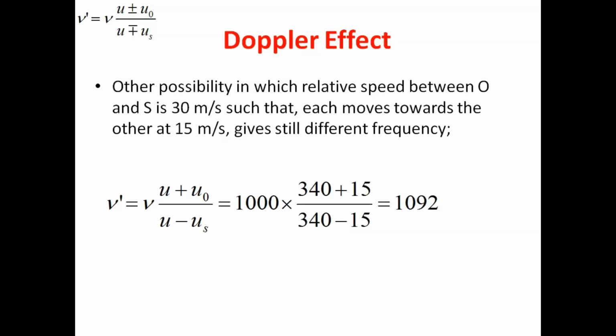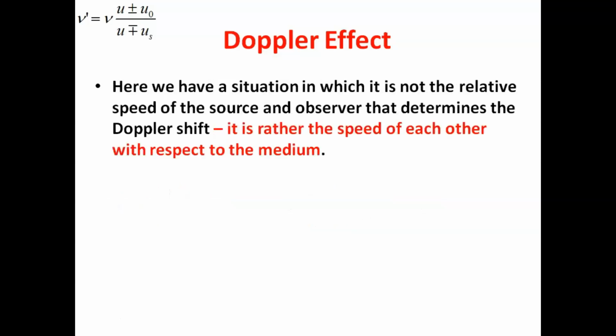Here we are charting that the medium forms a stationary frame of reference, and we obtained 1092 Hz frequency. Here we have a situation in which it is not the relative speed of the source and the observer that determines the Doppler shift. It is rather the speed of each with respect to the medium.